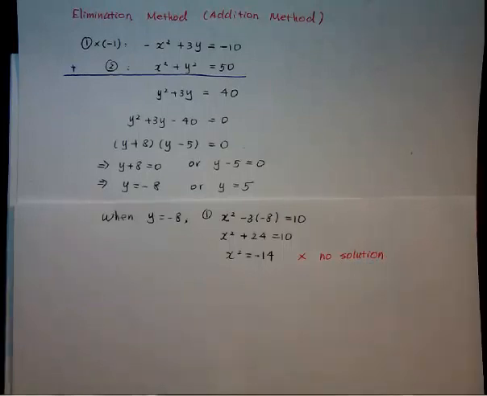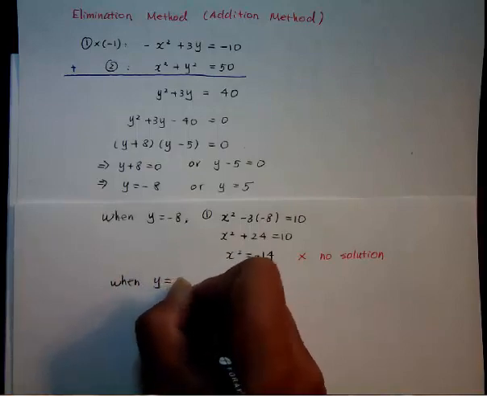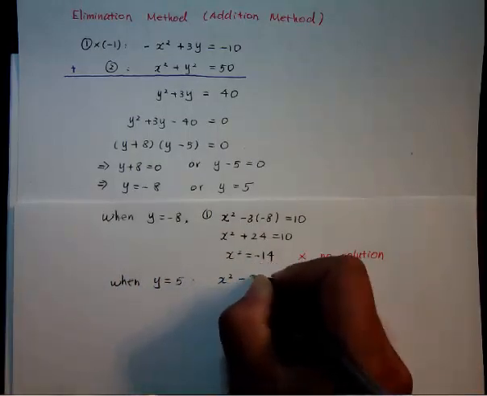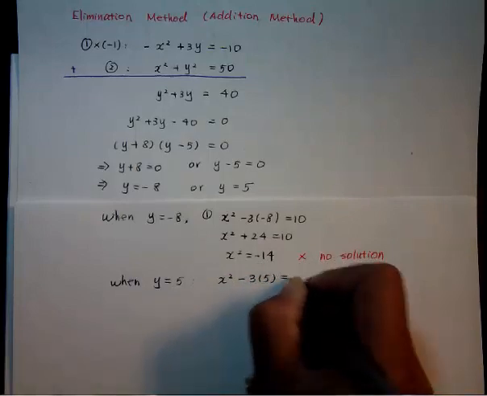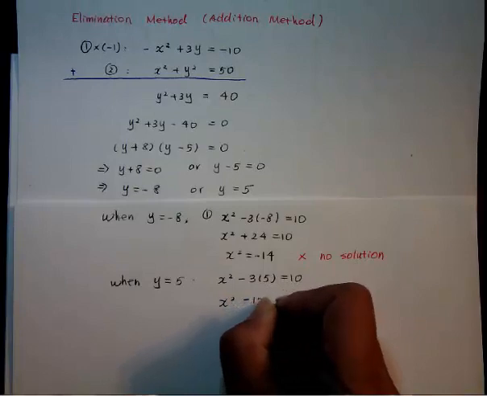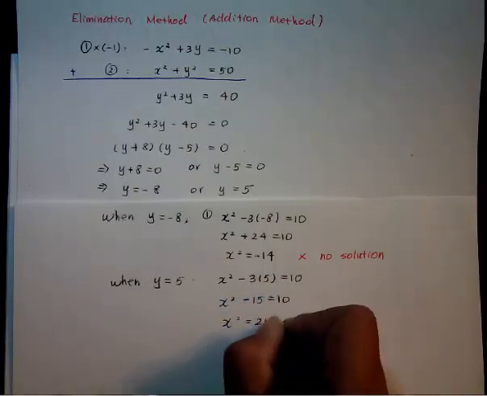Let's take a look when y equals 5. What do we have? So x squared minus 3 times 5 equals 10. So x squared minus 15 equals 10. x squared equals 25.